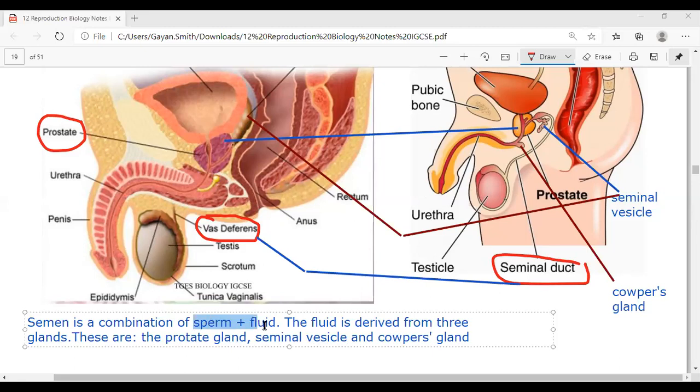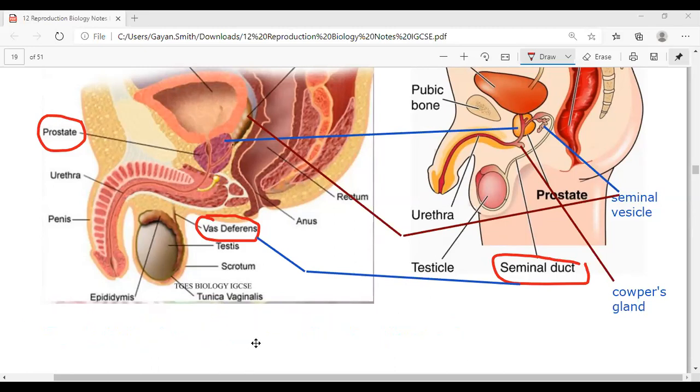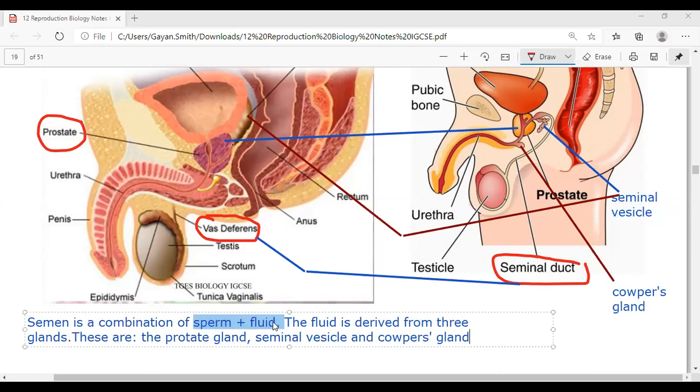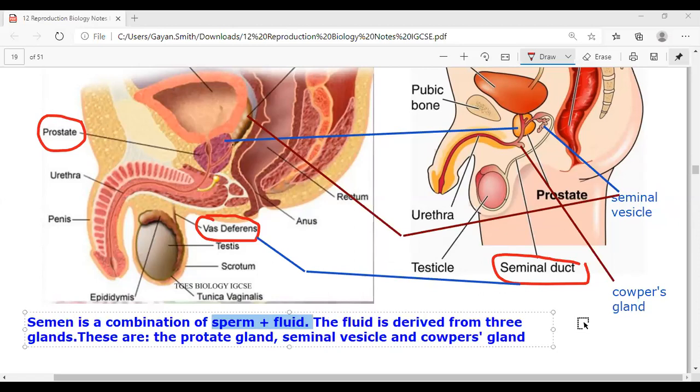And I want you to remember that semen is 2 things coming together: sperm mixed with the fluid is what creates semen, and the fluid portion is derived from these 3 glands. So let me give you an opportunity to make note of the annotations.